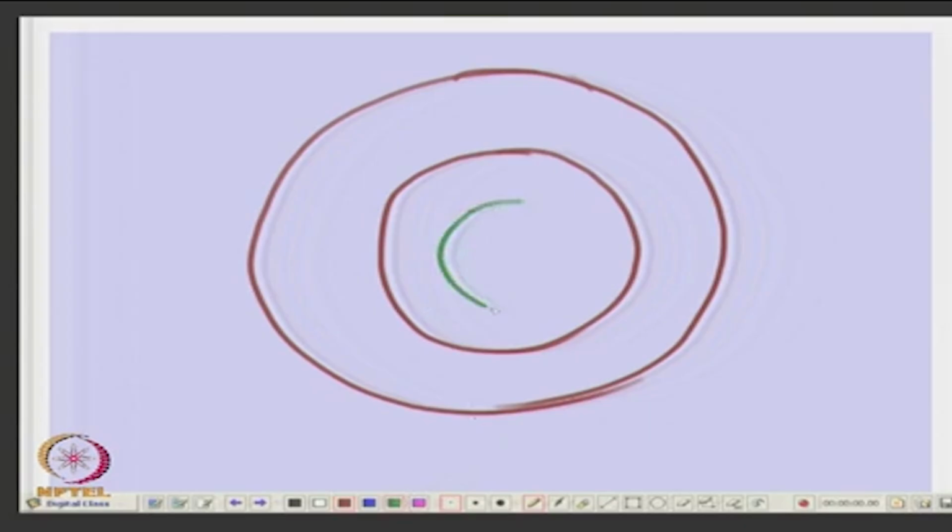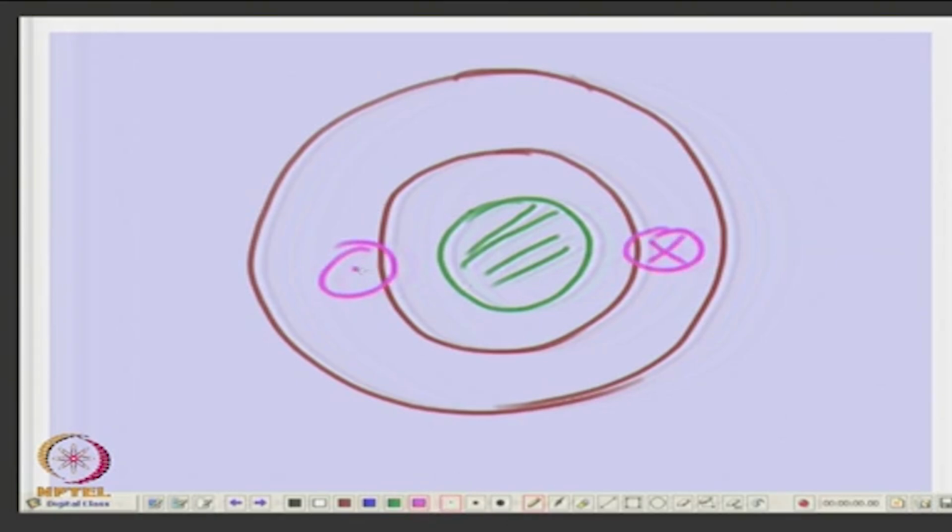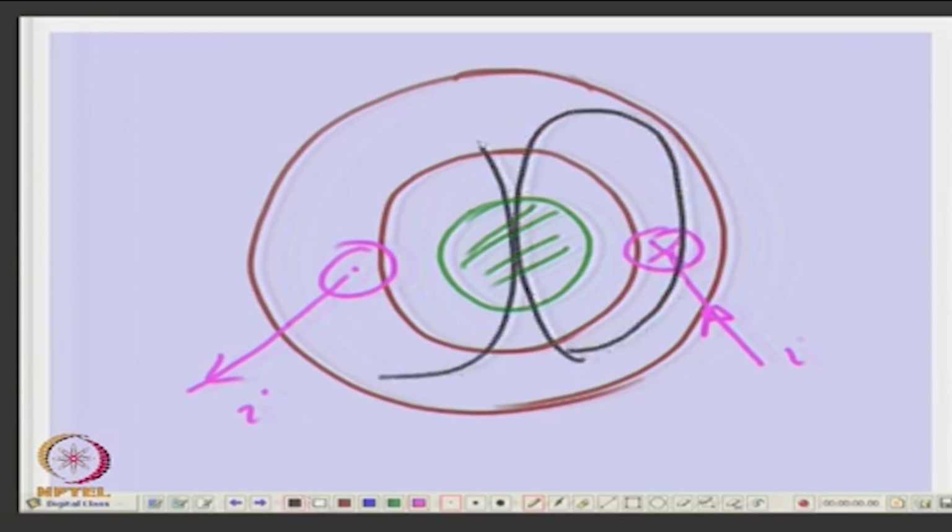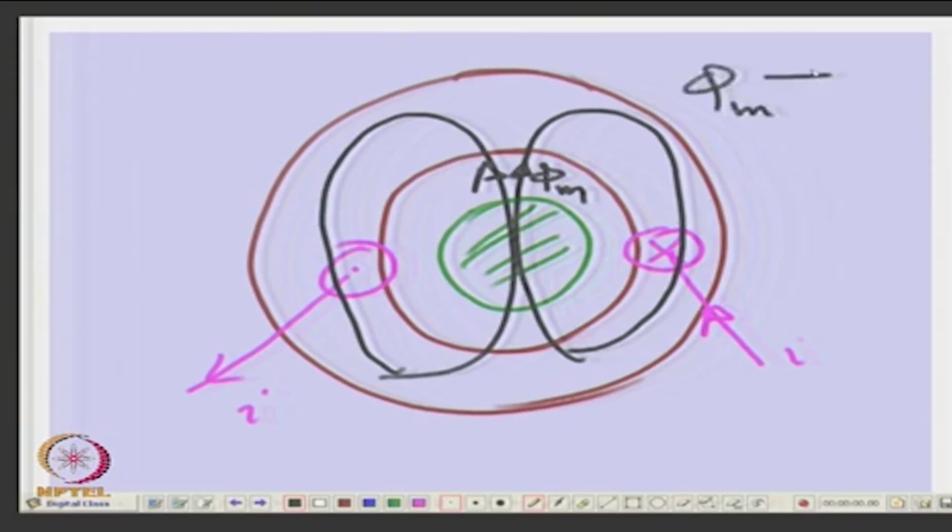Let us say this is the rotor, you put a conductor here in the slots and pass a current I. Then it will produce a flux, and this one you call the magnetizing flux phi m. It is the phi m which is associated with Im, which is associated with Xm.